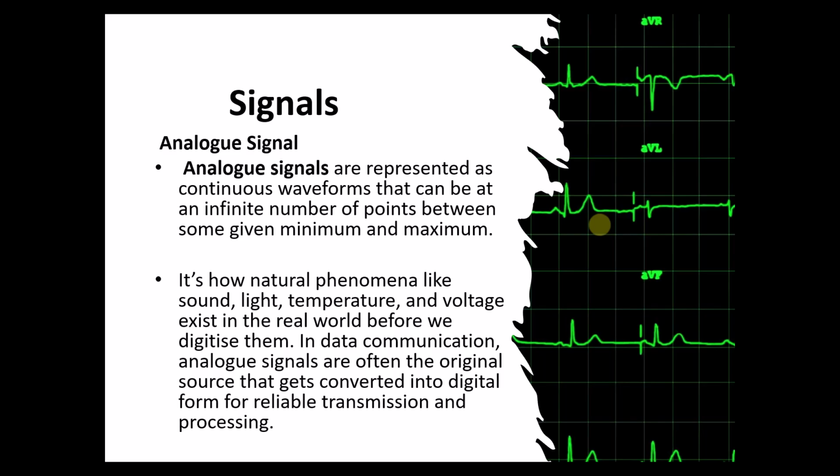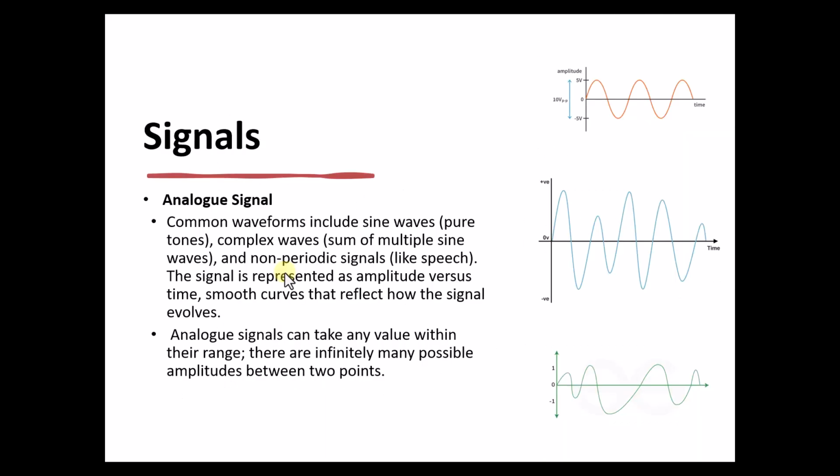When it comes to analog signals, you can see that the three signals here are all different. The common waveforms that we have in analog signals: we call the first one the sine wave, and this is what we call the pure sine wave.